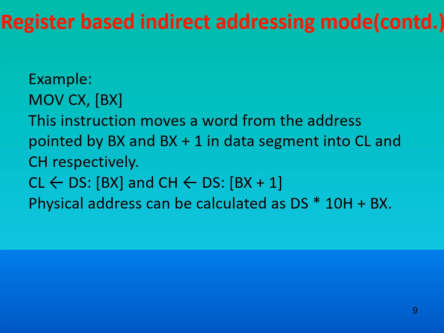But since I have enclosed the BX register with a square bracket, the content of BX register is an address and not the data. So we have to go to that particular offset address, calculate the physical effective address as per that offset address, go to that location, and find out what data is residing there. That data will be moved to the CX register.